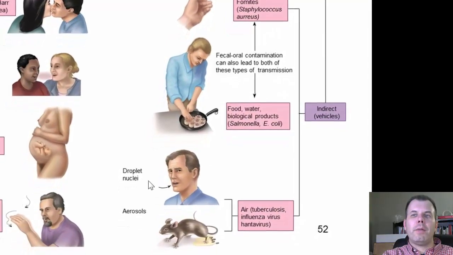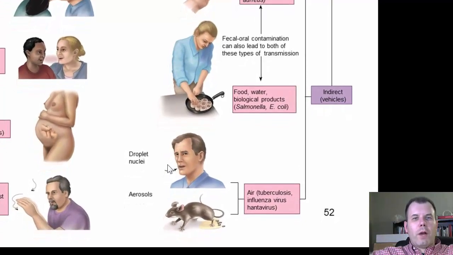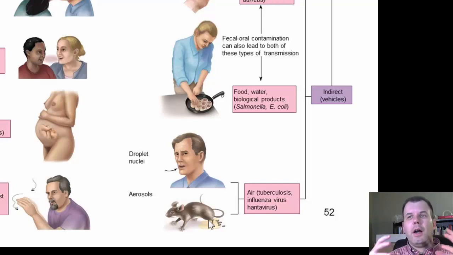Droplet nuclei, maybe you're breathing it in, that's just in the air, a lot of people are coughing all around you and the droplets are filling the air and then you're breathing that in. Or sometimes aerosols from rodents and things like this. Some of these viruses can actually be spread through rodent droppings.